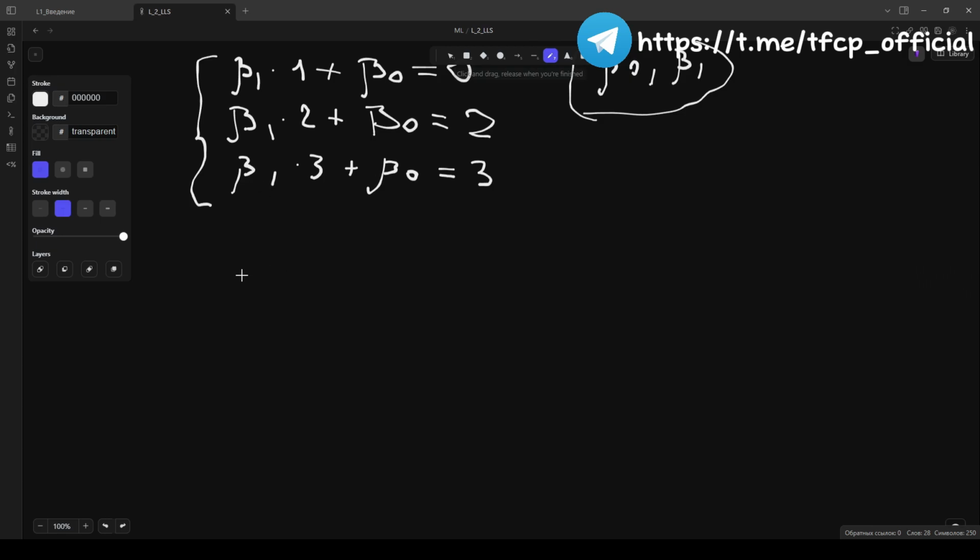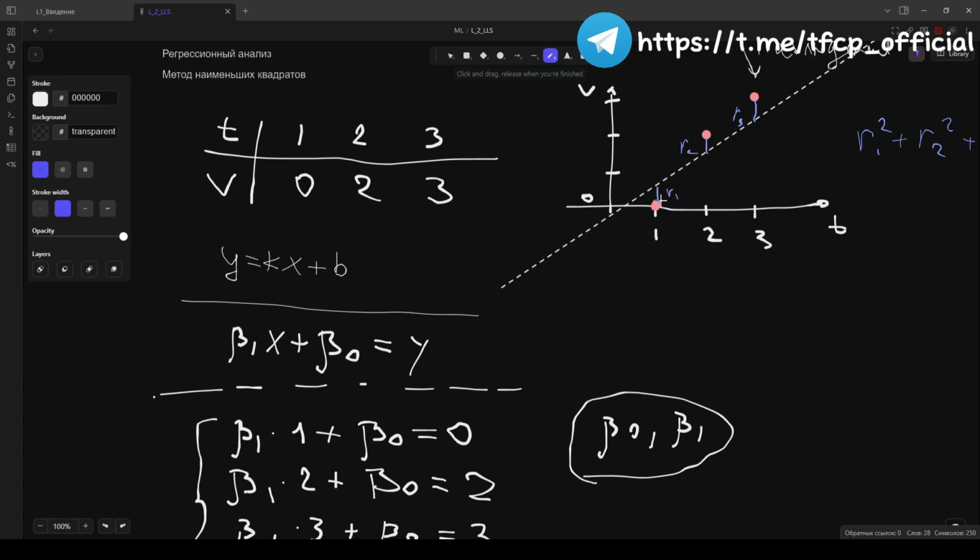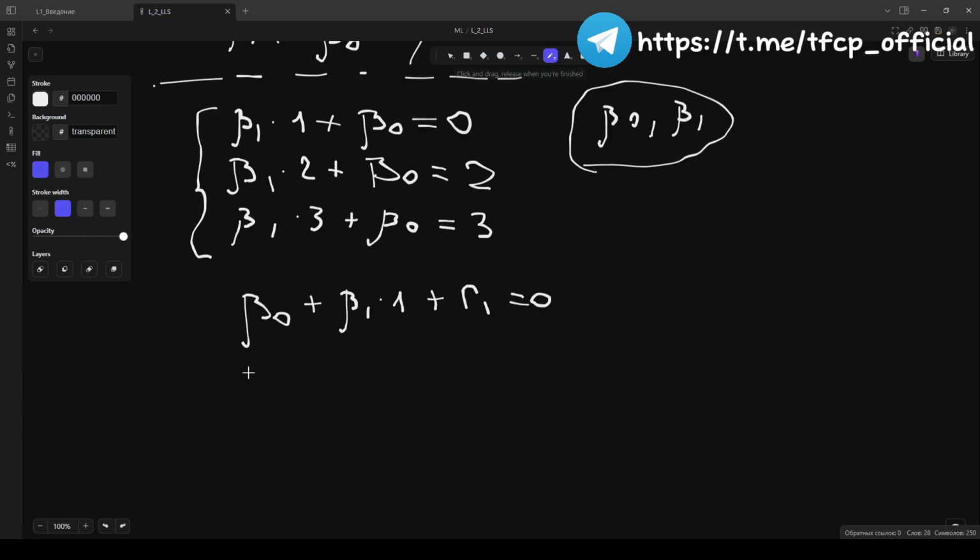I will now proceed to move beta to the left side of the equation. Beta 0, which is the intercept term, plus beta 1, which is the coefficient of the independent variable, multiplied by 1, plus 1 real, which represents the residual error, equals 0. 1 real is this, residual 1. I will rewrite the second equation as b0 plus b1 times 2 plus 2 reals, which is residual 2, equals 2.